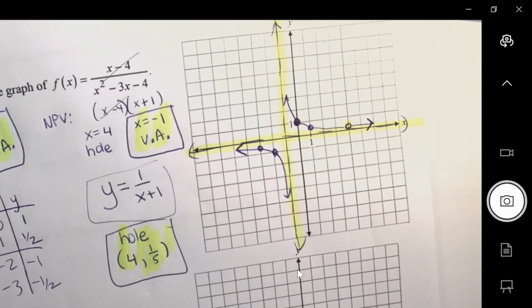So if you have a hole on your graph, you need to make sure you extend it so that I can see that.